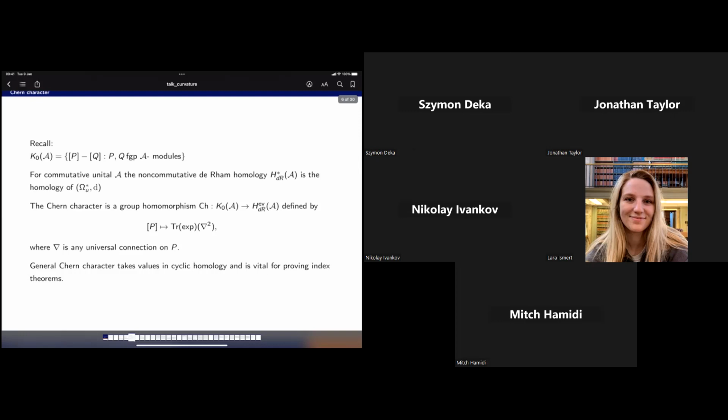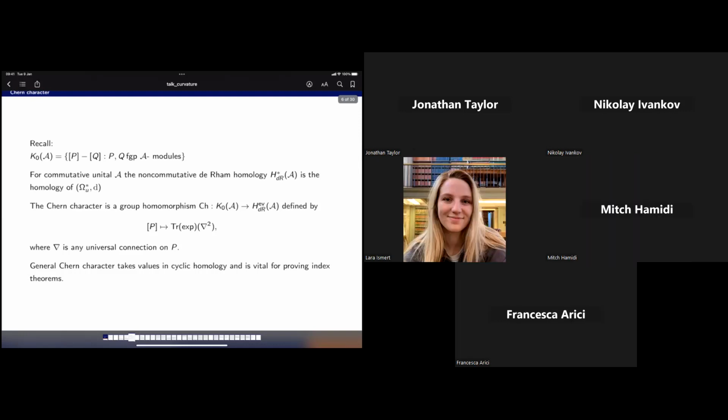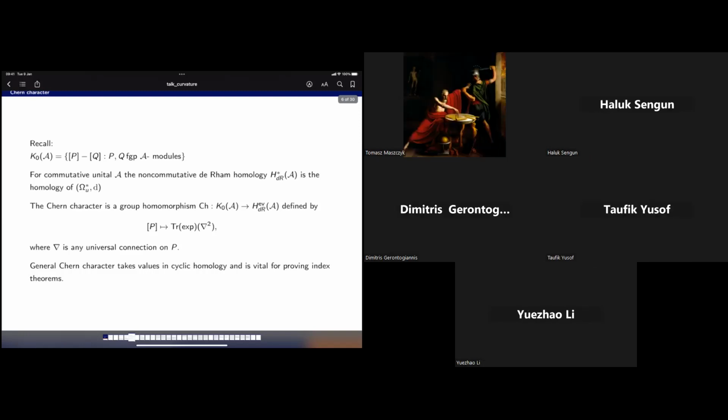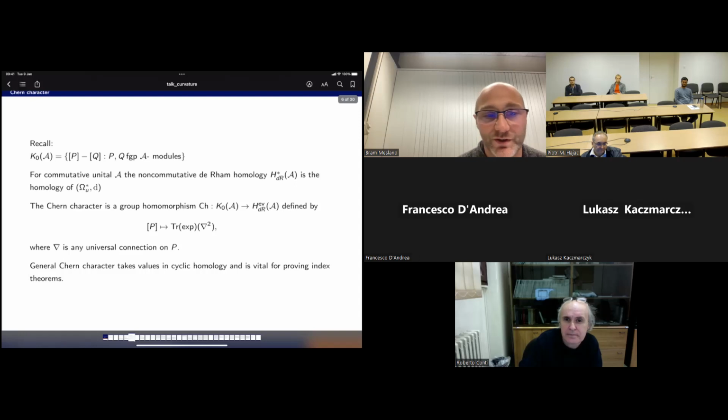It only depends on the projective module. And you see that this is computational. If you have a nice connection on your module, you can get access to the Chern character in this way. Of course, the general Chern character is defined for indeed non-unital, non-commutative algebras, and takes values in various flavors of cyclic homology.